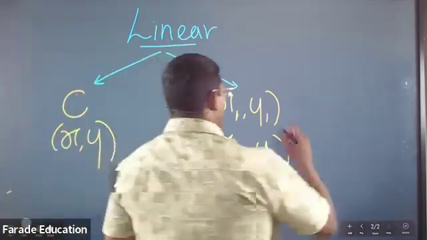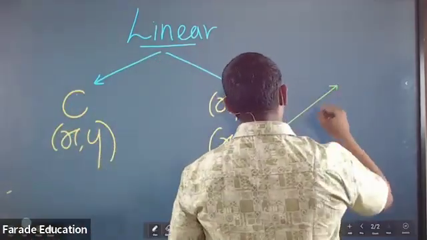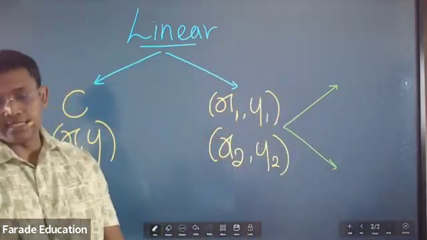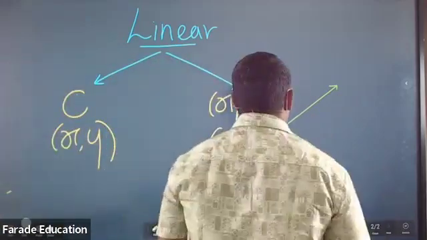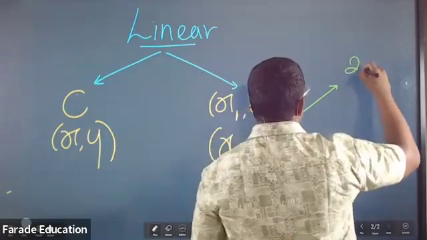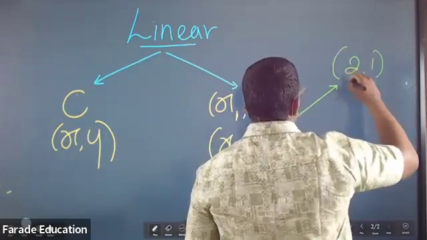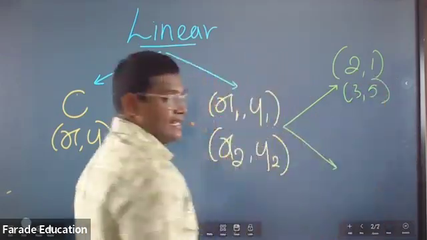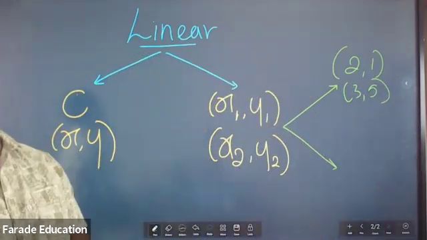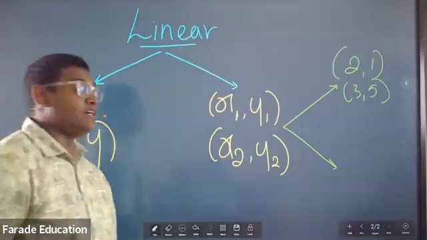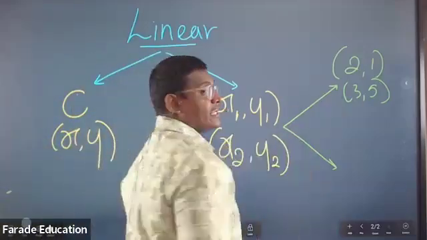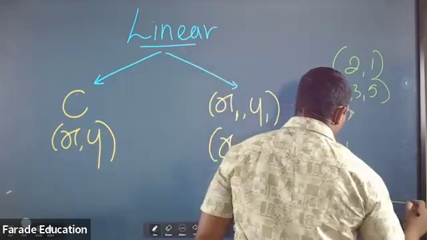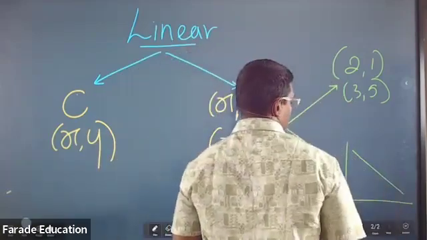This further gets divided into two. Normally, up to a certain year, they normally gave 2 points like this, 2, 1 or 3, 5. Later, since they wanted to make this question a little more innovative and advanced, they did not give the points directly. What did they do? They drew a graph.